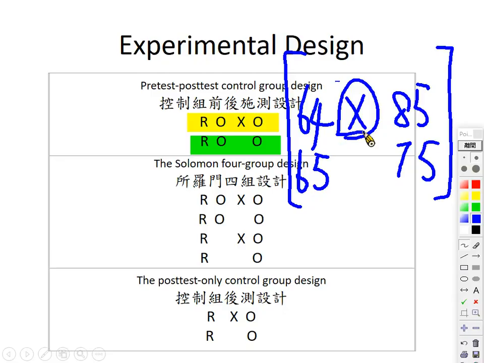But for this design, did you find any problem? We may encounter one kind of threat. What is that? That is pre-test, post-test. This is pre-test, this is post-test, right? So if I give you a test with questions, you may have some memory.